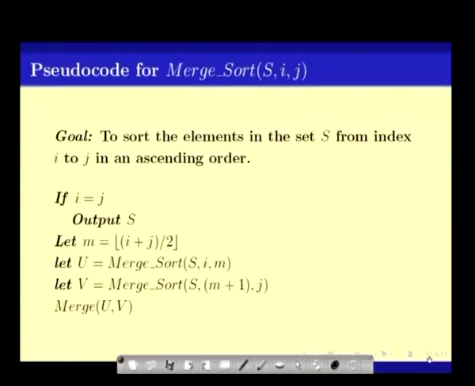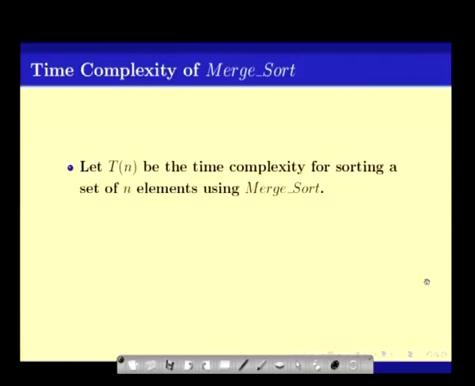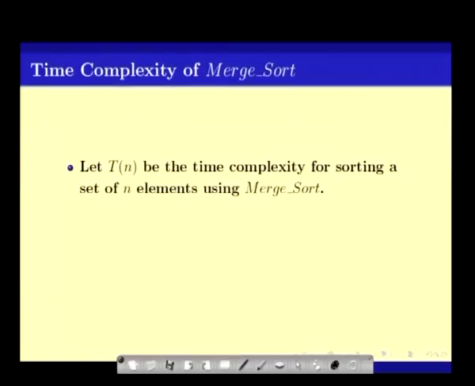Note that I will not do the proof of this algorithm, I leave it to you to check, but let us do the time complexity of this algorithm. Let T(n) be the time complexity for sorting a set of n elements. So, what is the time complexity? Note that to merge these two sets U and V, I will need order n steps.